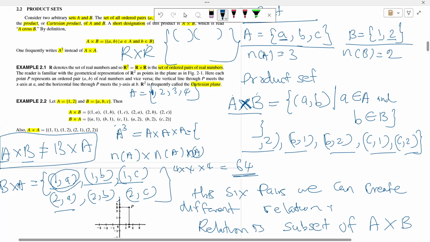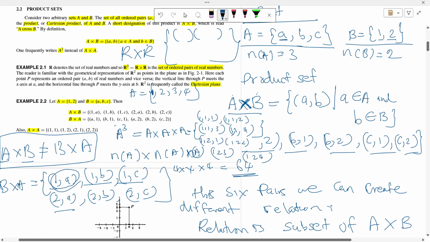I will write a few ordered pairs. 1, 1, 1. This is one pair. Another pair, 1, 1, 2. Another pair, 1, 1, 3. Another pair, 1, 1, 4. Similarly, 1, 2, 1, then 1, 2, 2, then 1, 2, 3, then 1, 2, 4.